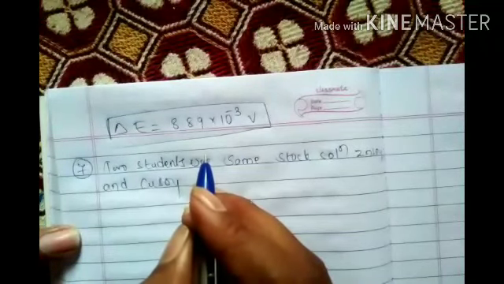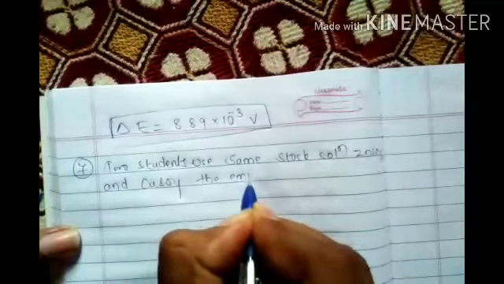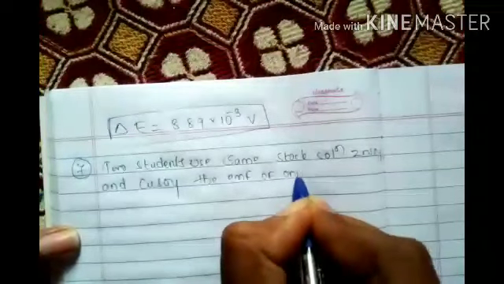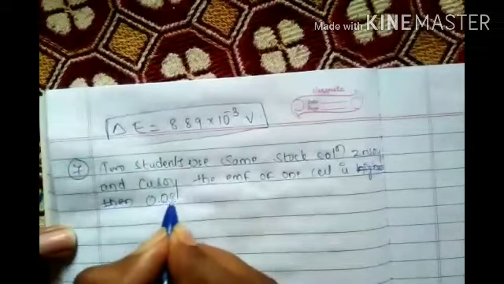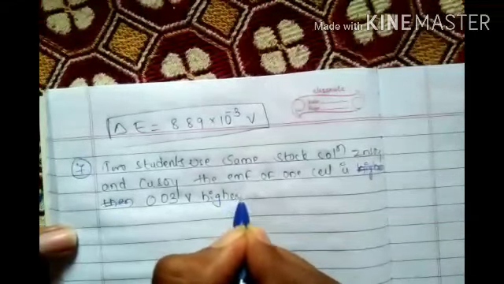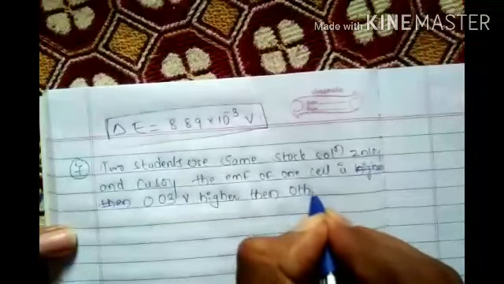The EMF of one cell is 0.03 volt higher than the other.